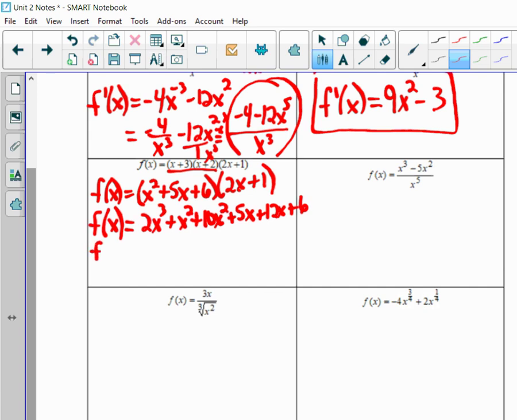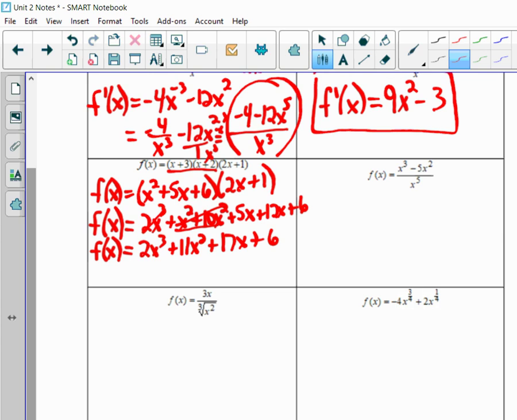And notice I'm labeling it. I'm not just putting equal signs, because is it f of x or is it f prime of x? We need to make sure we know that. I like to cross these out because it helps me keep everything straight. But I think that should be 11x squared plus 17x plus 6.